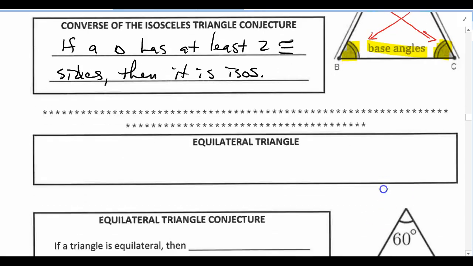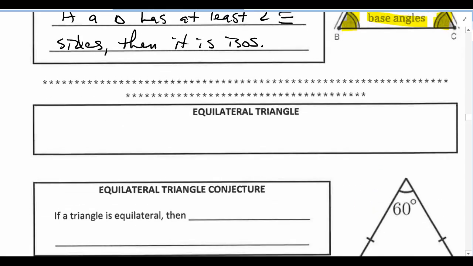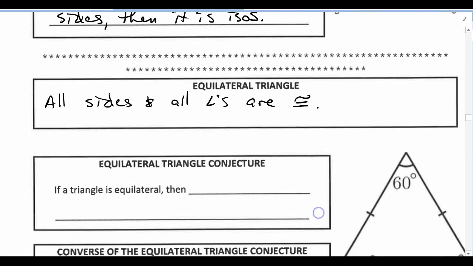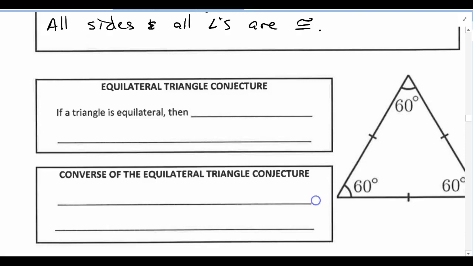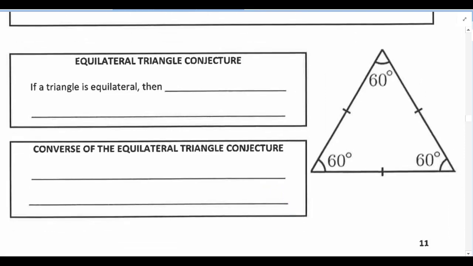Let's move on to an equilateral triangle. So for an equilateral triangle, all sides and all angles are congruent. All right, so for the equilateral triangle conjecture, we've got if a triangle is equilateral, then all its sides are congruent.